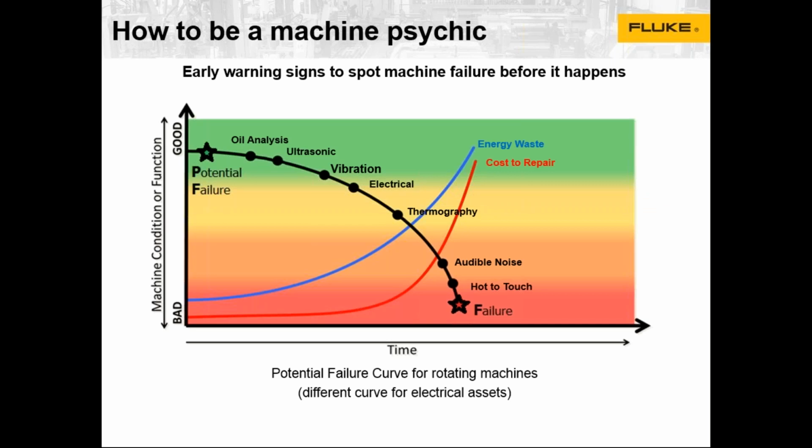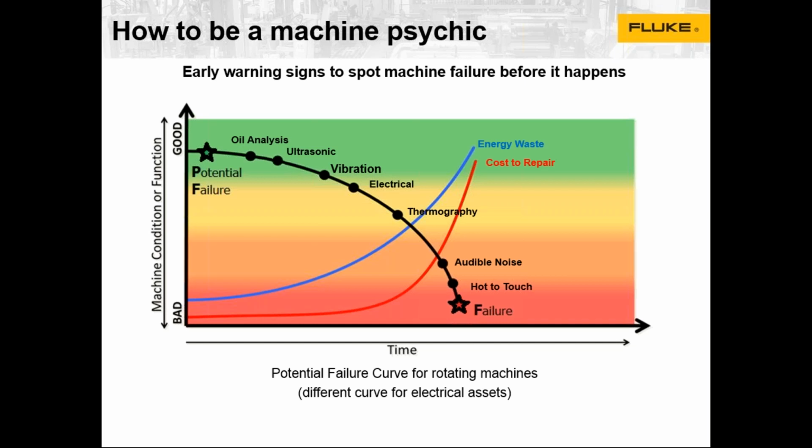So if you look at it, here's a graph that we call the potential failure curve. Now this is a conceptual curve. There isn't any time based on this. This is more of a thought process. There are different curves for different assets, but this is one for rotating machinery.